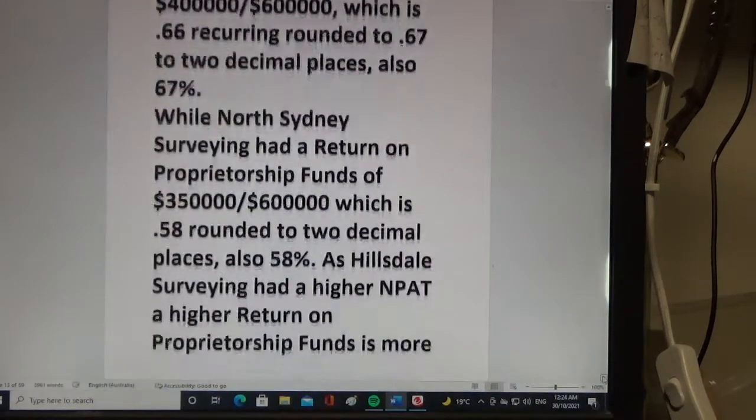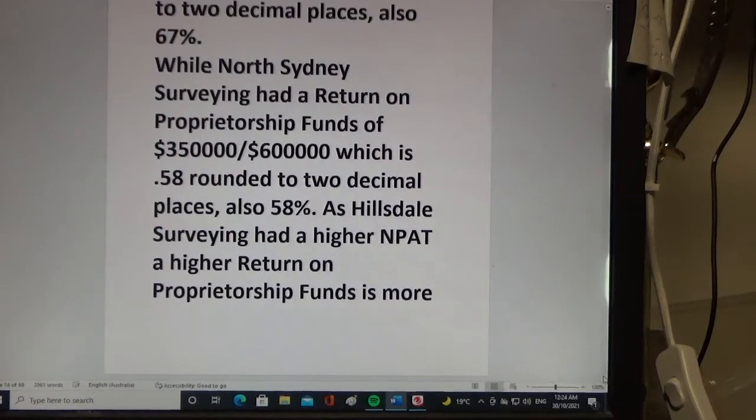While North Sydney Surveying had a return on proprietorship funds of 350,000, the net profit after tax, divided by 600,000 proprietorship net assets, which is 0.58 rounded to 2 decimal places, also 58%. Not too bad, but not as good as Hillsdale Surveying.